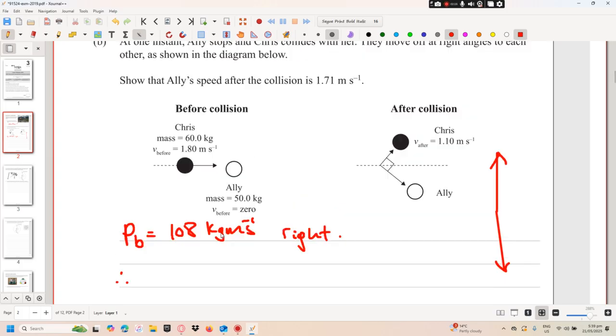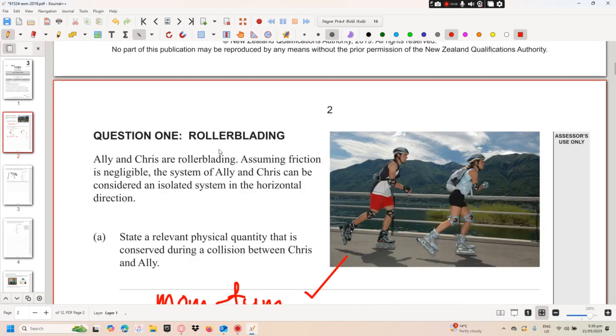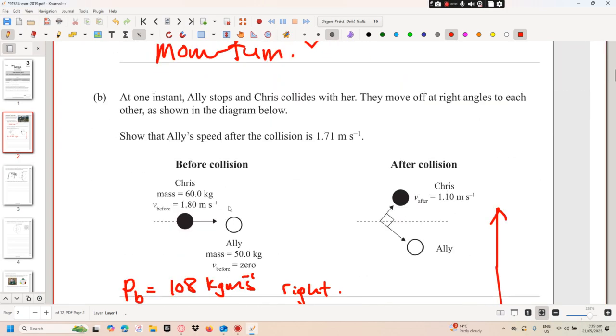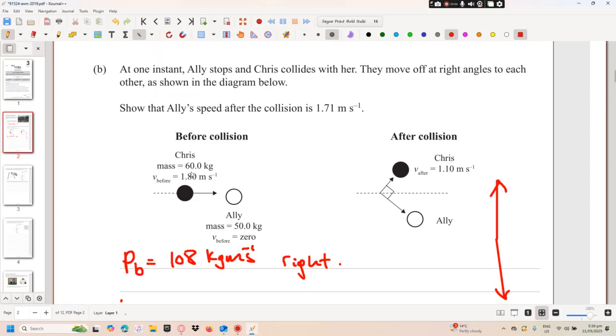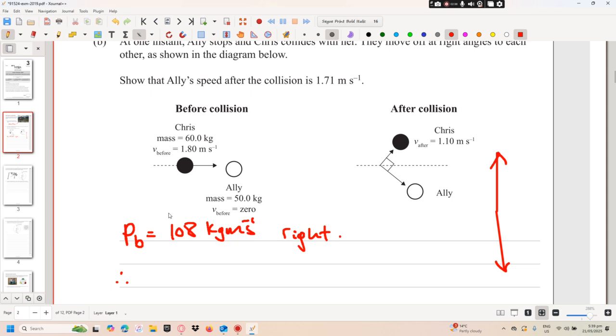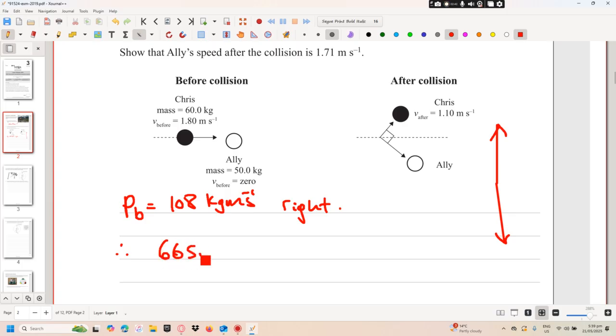Chris's mass is 60 kilograms, so 60 times 1.1 is 66 sine theta equals, what's Ali, 50 kg, 50 V sine of 90 minus theta.